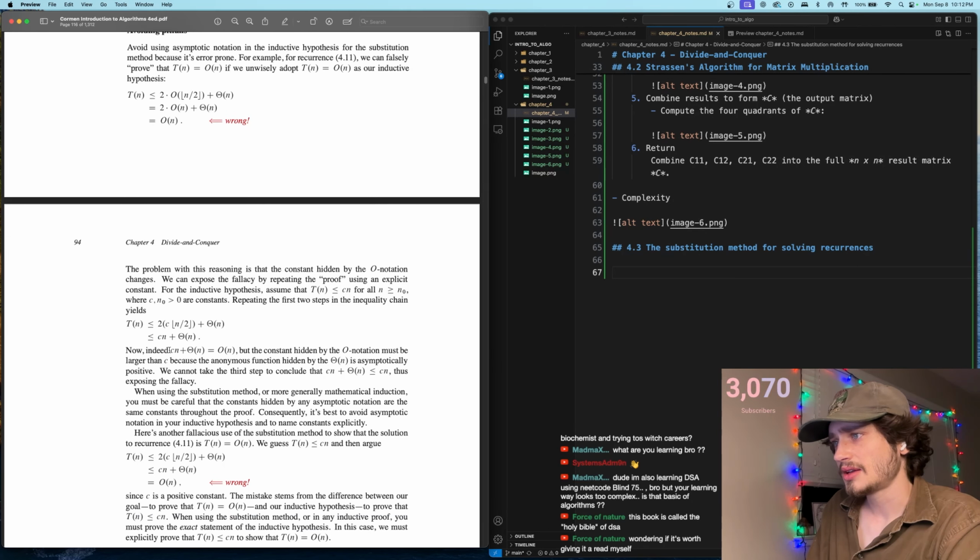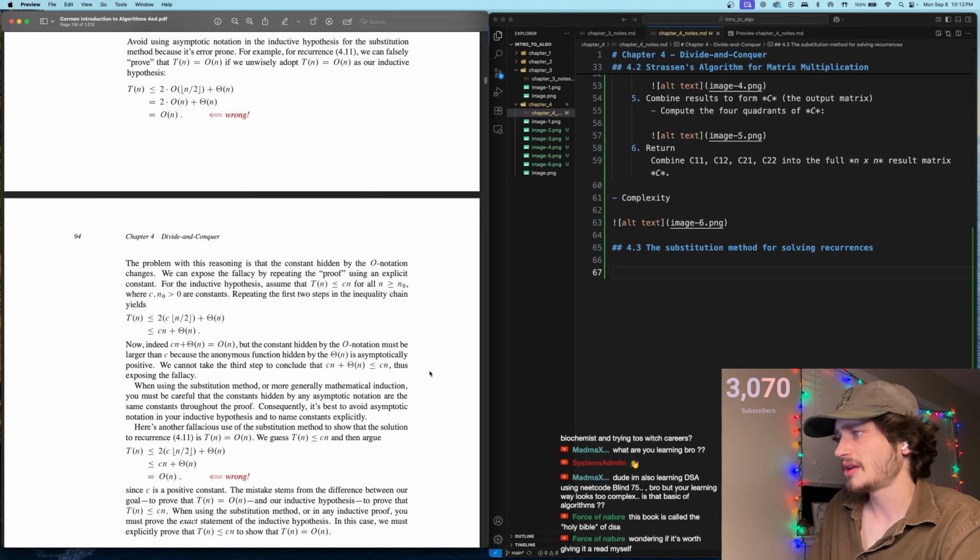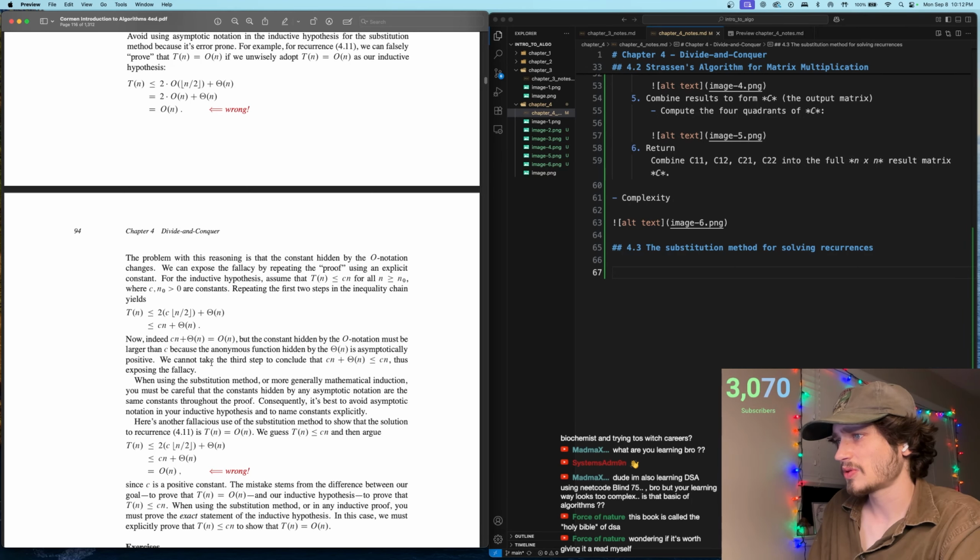Now, indeed, cn + Θ(n) = O(n), but the constant hidden by the O notation must be larger than c because the anonymous function hidden by the Θ(n) is asymptotically positive. We cannot take the third step to conclude that cn + Θ(n) is less than or equal to cn, thus exposing the fallacy.